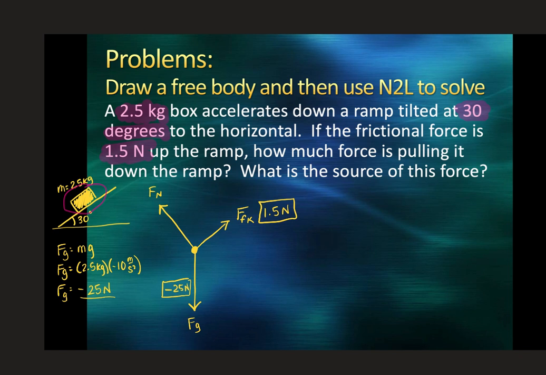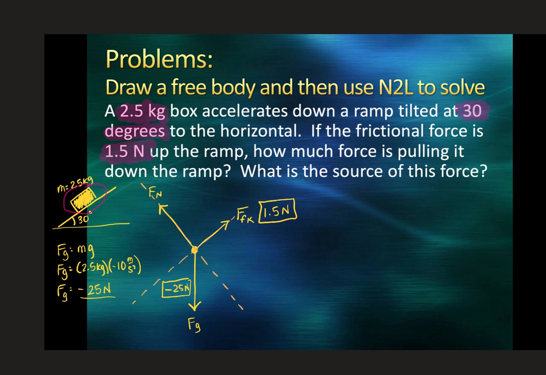This time we're going to go a little bit counterclockwise. And we are going to make what would have been the y-axis, I'm just going to draw it in there, follow the normal force. And what would have been the x-axis is going to follow the friction force.